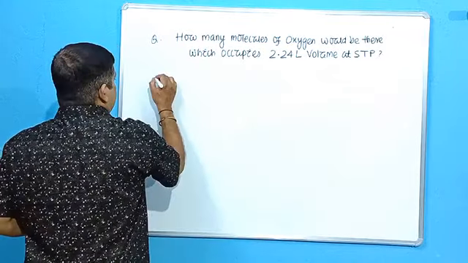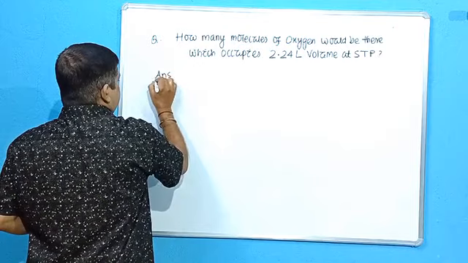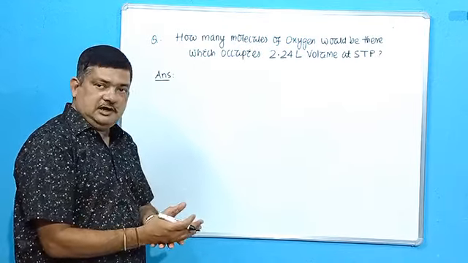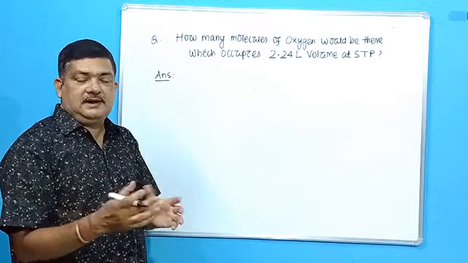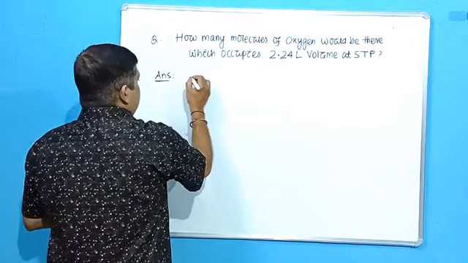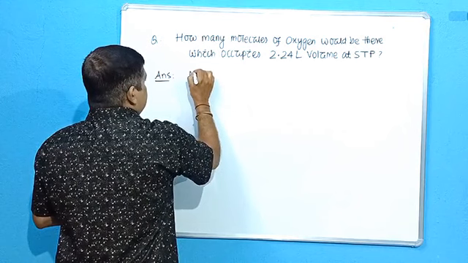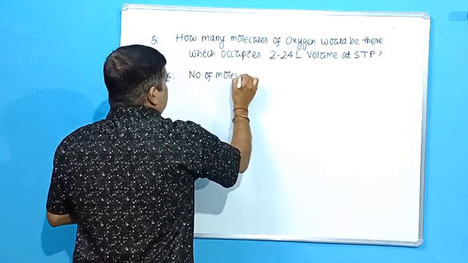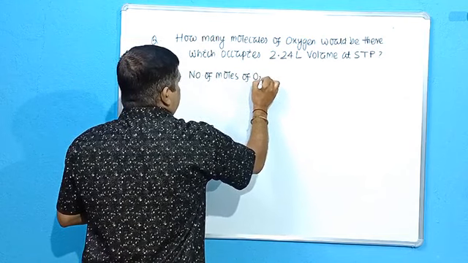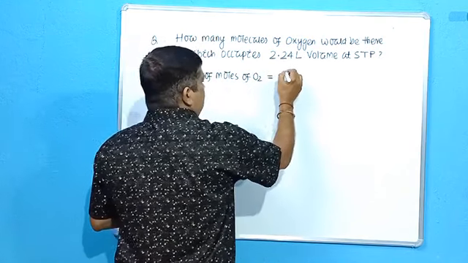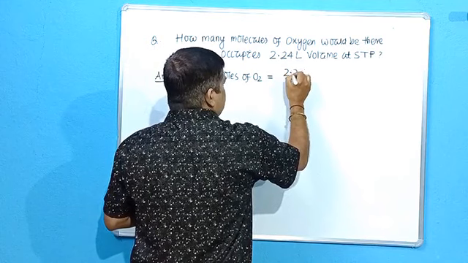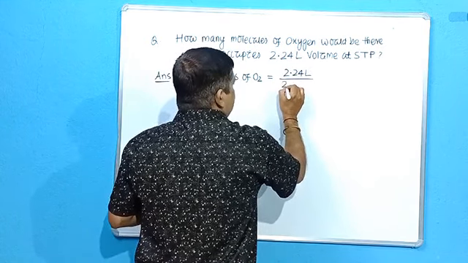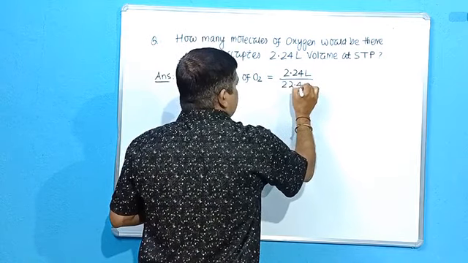Okay, so how to solve it? From the volume itself, oxygen is a gas, you can find out the number of moles. So number of moles of O2 will be given volume, that is 2.24 liter, divided by molar volume, that is 22.4 liter.